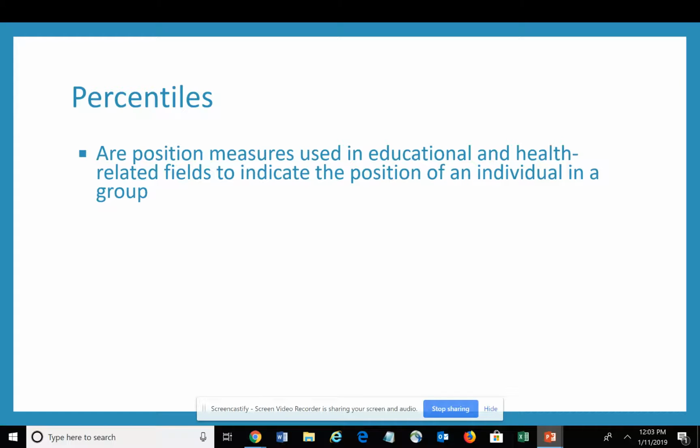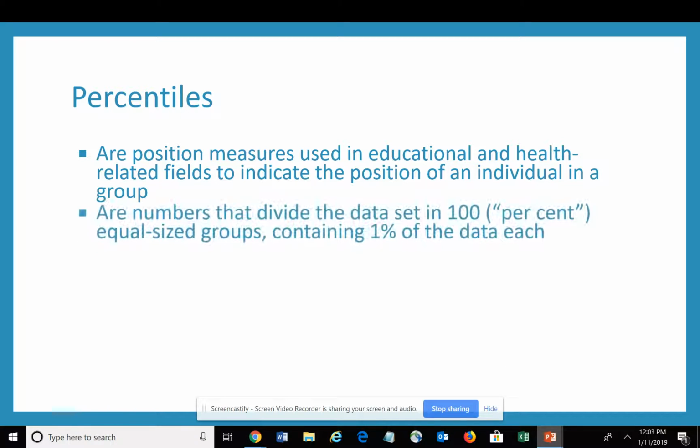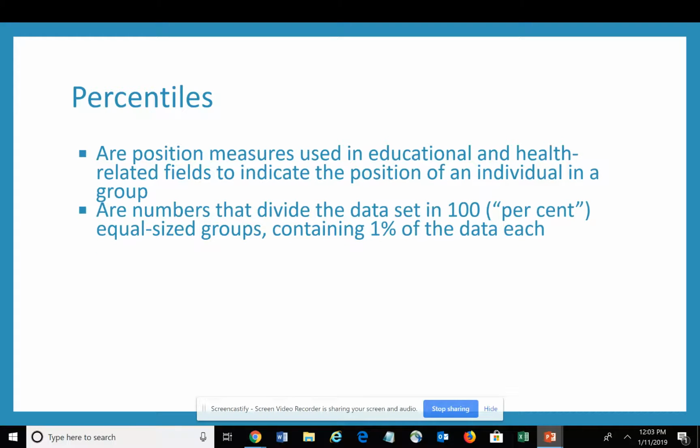You could also see measures of position used in the criminal justice field as well as psychology. What a percentile does is it takes the data set and divides it into 100 equally sized groups so that each group contains 1% of the data.